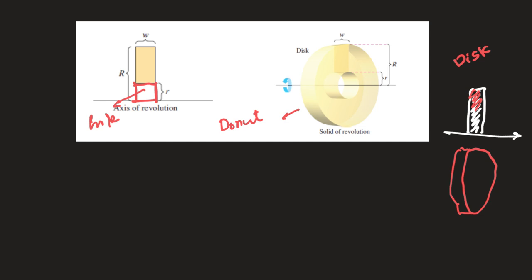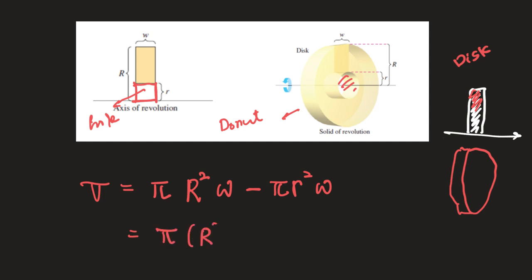So the volume is the big disk, pi R squared, with height w, minus the inside hole, which you subtract: pi r squared w. So the volume for this object is pi (R squared minus r squared) w.